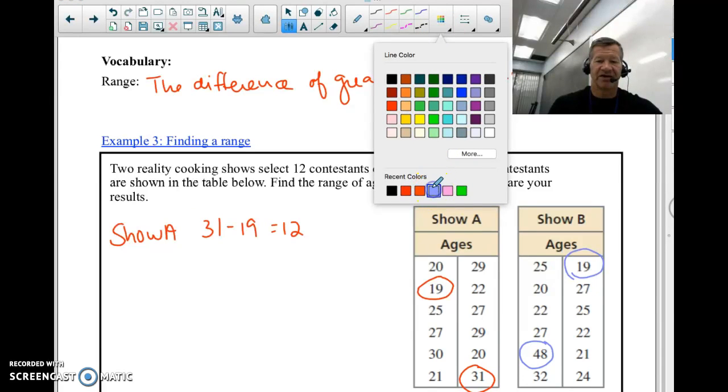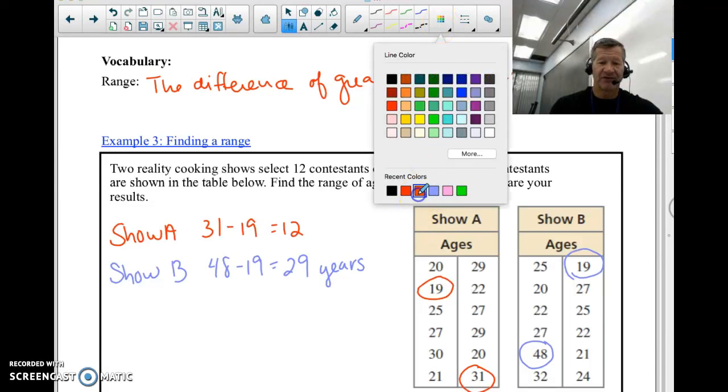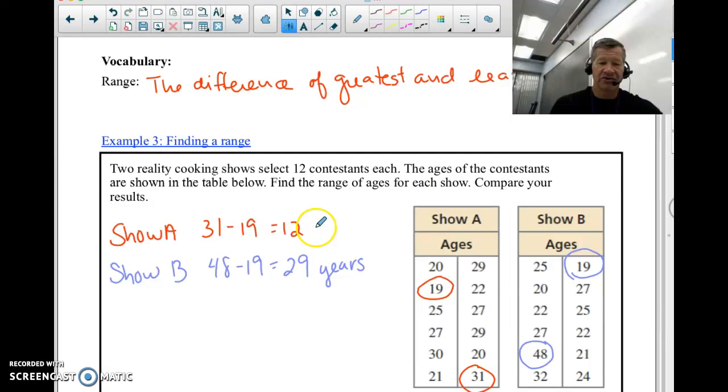And for show B, we are going to take the high of 48 and subtract 19, and that would be 29. So the range, and we should put units here, the range of ages in the cooking show for show B are 29 years old, and the range of ages for show A are 12 years.